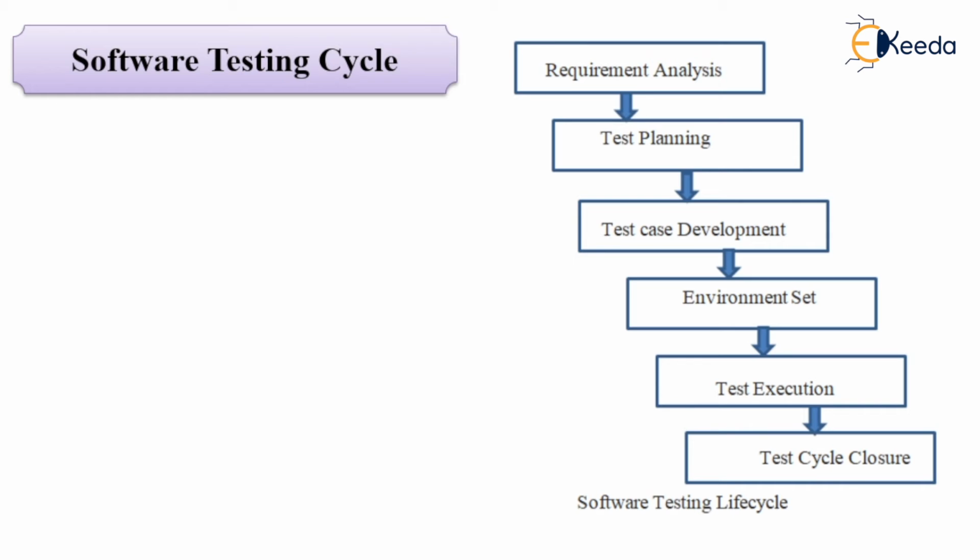Now, what are the activities to be done in test case development? You have to create the test cases. The test case format is 829, defined by IEEE. Then the creation of test scripts is required, as identified by the tool. Then verification of test cases and automation scripts.